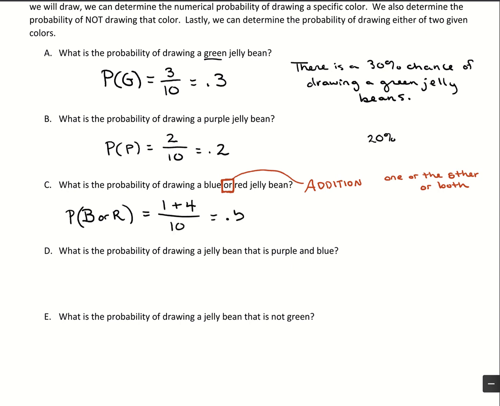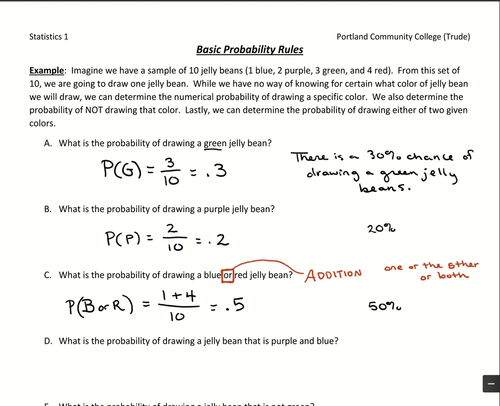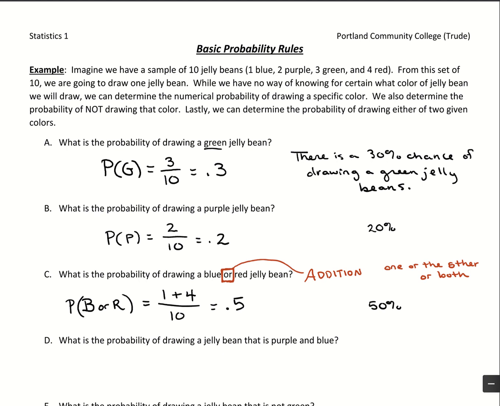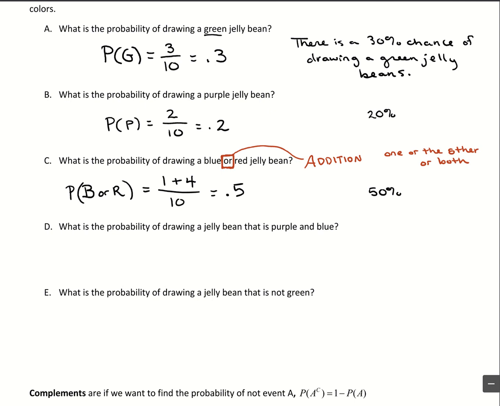So this would have a 0.5. So this would have a 50% chance of occurring here. But if we go back to just the construction of our bag up here, it's kind of like that we are good with choosing 5 of these jelly beans, the blue or any of the 4 reds out of the 10. So that makes our calculation and just comes through as addition.